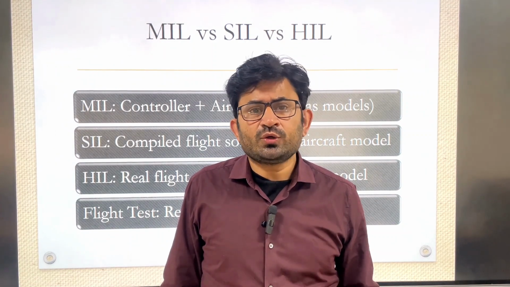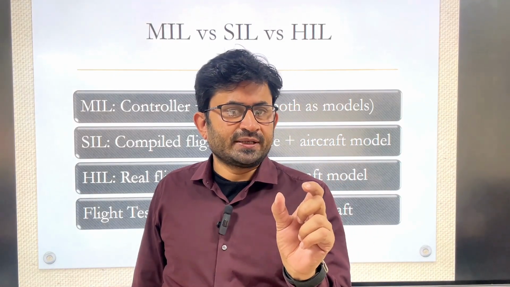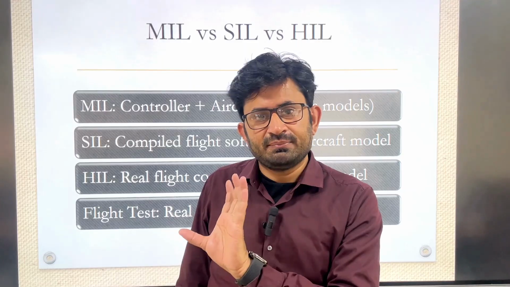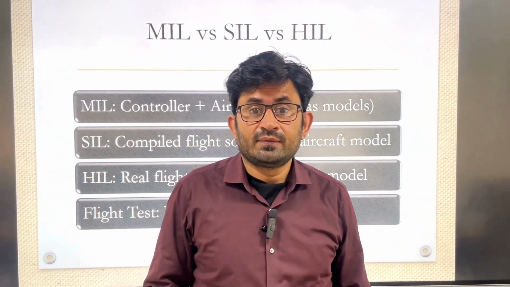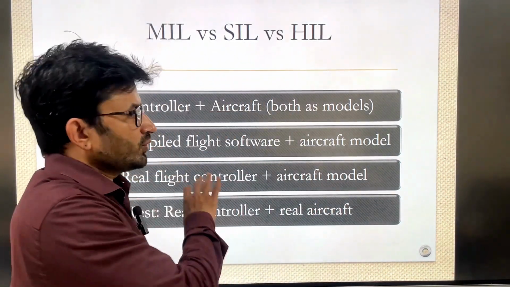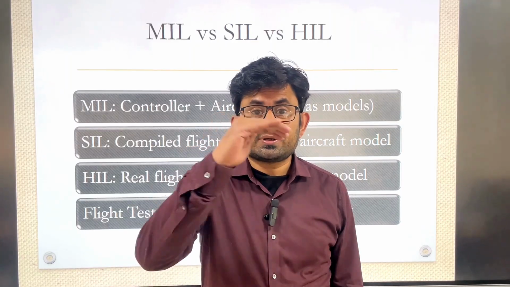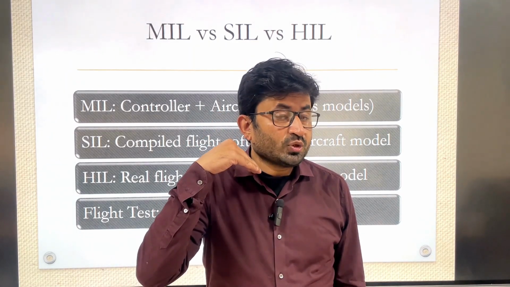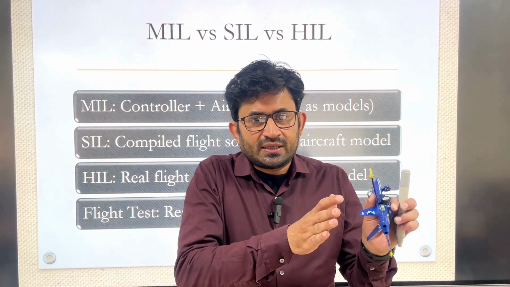But here, whatever code you have written, here also both controller and aircraft will be sitting as a mathematical model. But what is the difference then if you compare with the MIL? Here, whatever controller code you have written in Simulink, you have to compile and convert into a standard language like C and C++, and you have to put the embedded constraints and logic, so that the code can be executable.